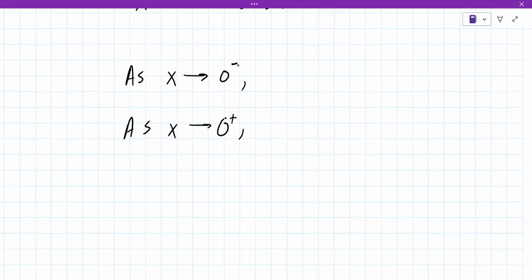The way this is read is as x approaches 0 from the left. And then the bottom one is as x approaches 0 from the right. I think you saw me put that in parentheses over here, from the right, from the left.